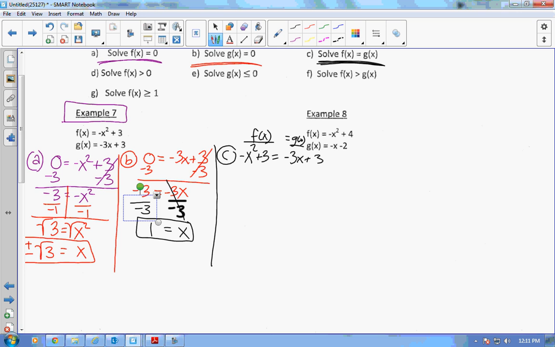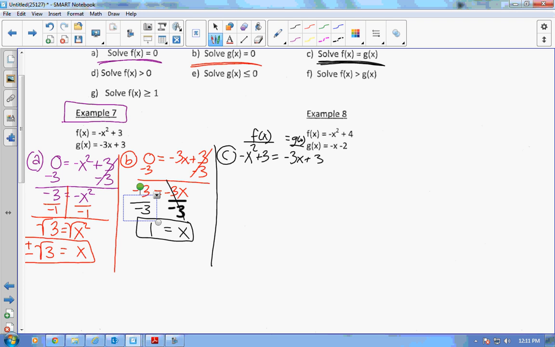Now, all we have to do is solve. What's our highest degree in this? X squared. So that means it's a quadratic. When we solve quadratics, we need to get everything to one side. And we want 0 on the other side. Okay, and we also want positive x squared. So is this a positive x squared? No, it's a negative x squared, which means we don't want to put everything on the left.